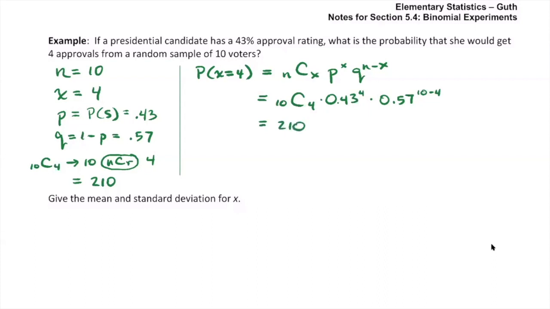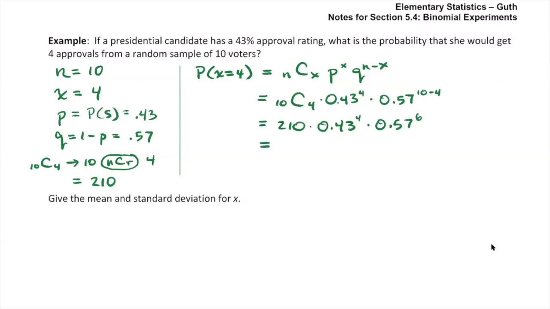Each individual way, the probability is 43% to the fourth power because you need 4 of those. And those are approvals. And 0.57 to the 6th power, because if there are 4 approvals, there have to be 6 non-approvals with a 57% for each one of them.